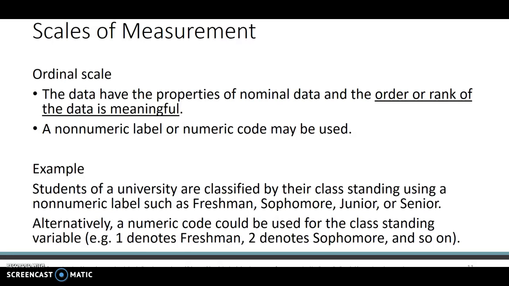The Diamondbacks in third, and the Giants in fourth. Those terms, first, second, third, and fourth, or 1, 2, 3, 4, tell you the order. The Dodgers are the best team, the Padres are second best, so forth and so on. But what it does not tell you is how much better. The Dodgers could be a game ahead of the Padres or 50 games ahead of the Padres. It doesn't matter. They would still be in first, and as long as the Padres had the second best record, they would be in second.